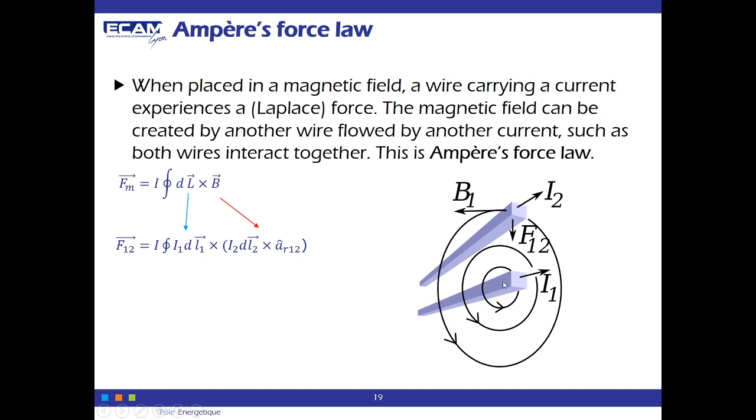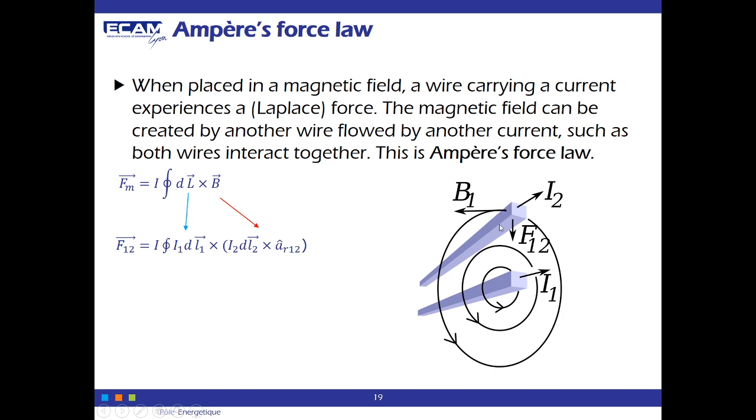And here is a good representation of how to apply the right hand rule. You can do it with your right hand simultaneously. And superposition comes into account once again here.